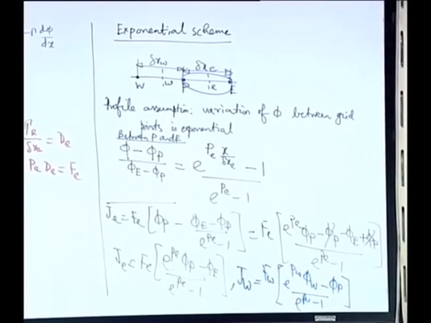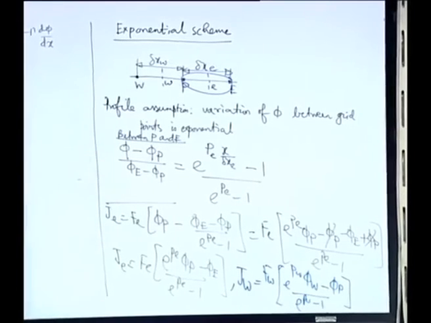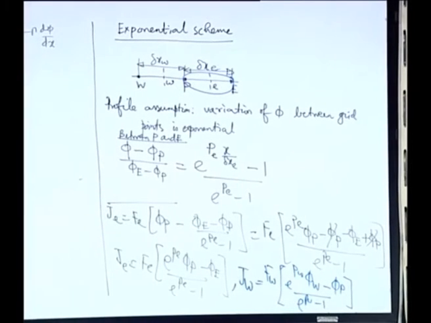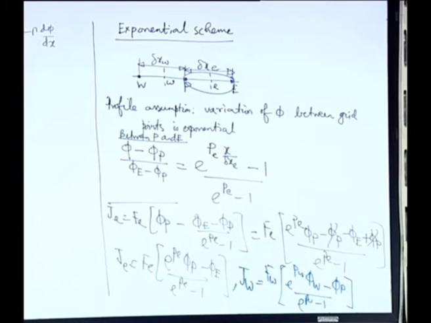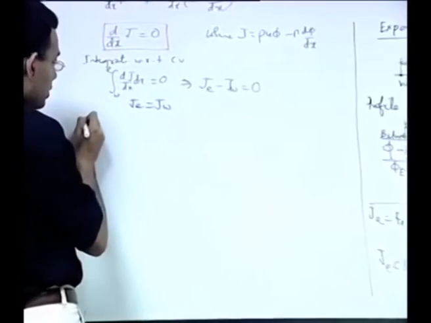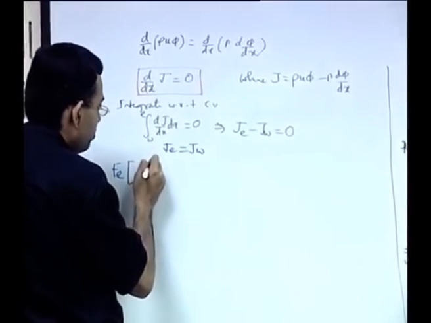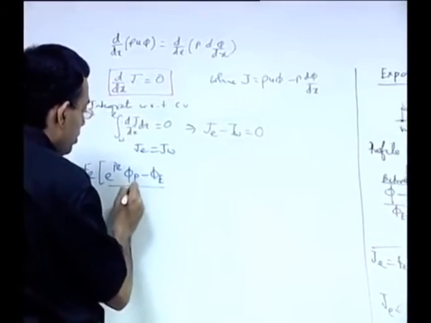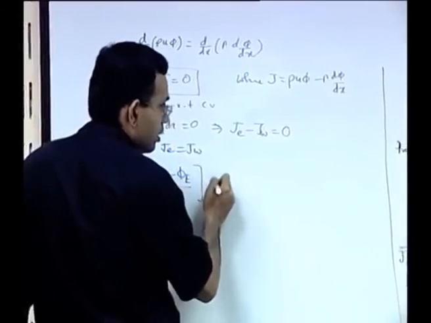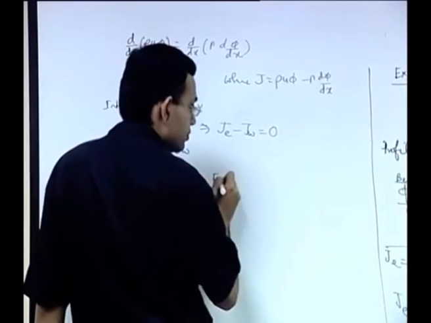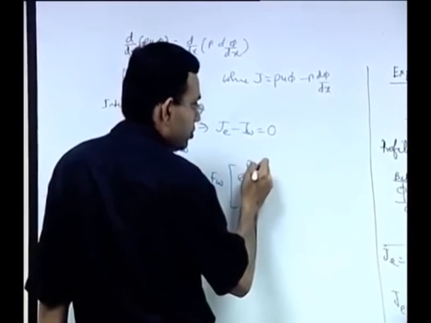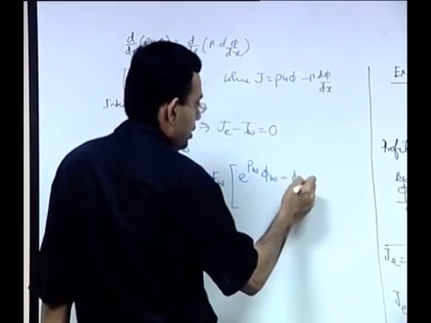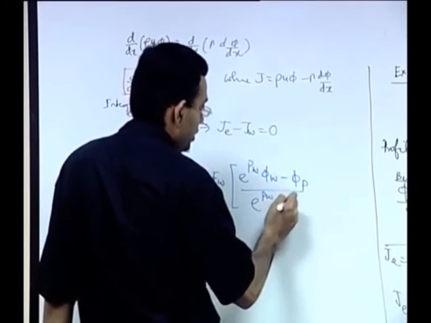And the discretization equation is J E equal to J W. So, F E e to the power p e phi p minus phi e by e to the power p e minus 1 is equal to F w e to the power p w phi w minus phi p by e to the power p w minus 1.